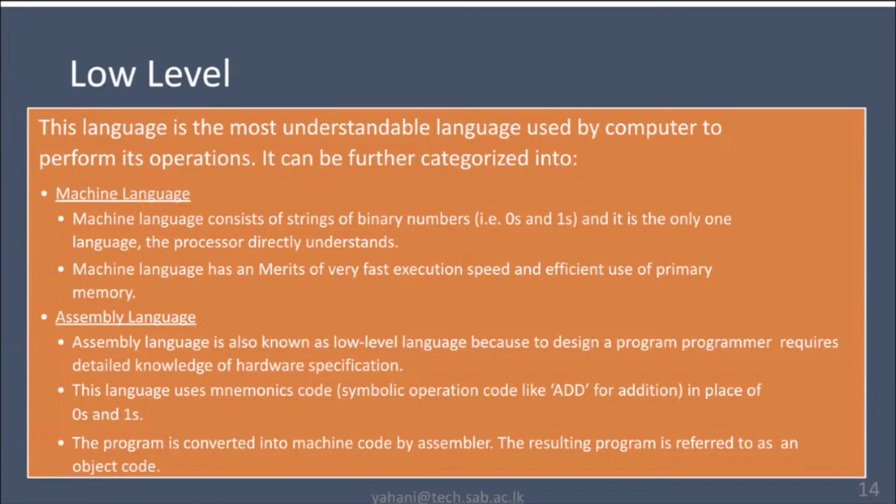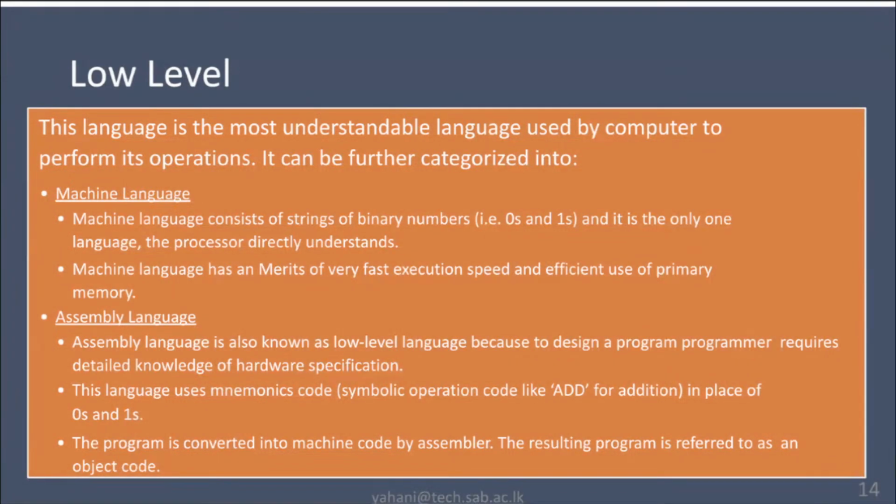So machine language is one of the low level languages. Machine language consists of strings of binary numbers, the zeros and ones, and it is the only language the processor directly understands.